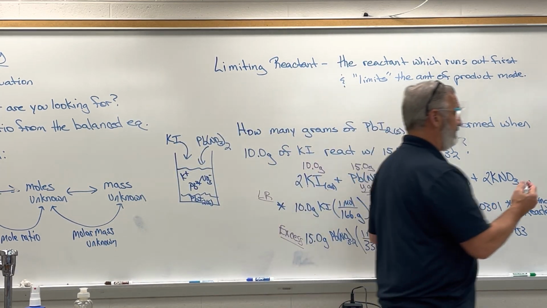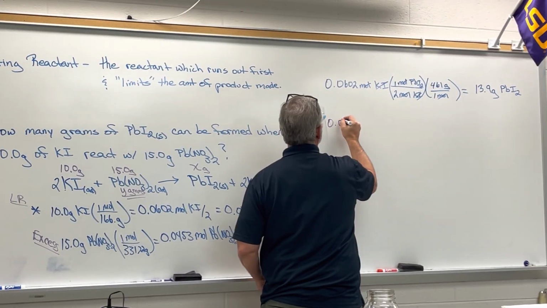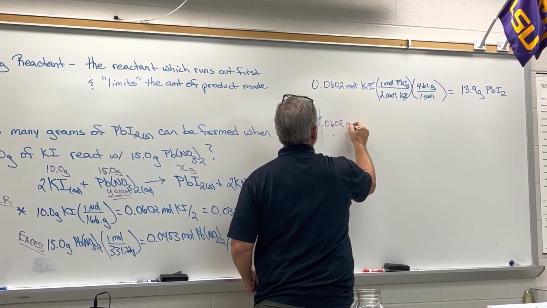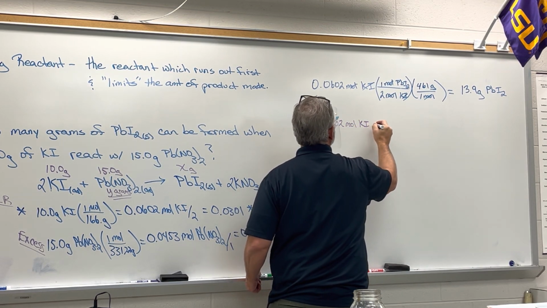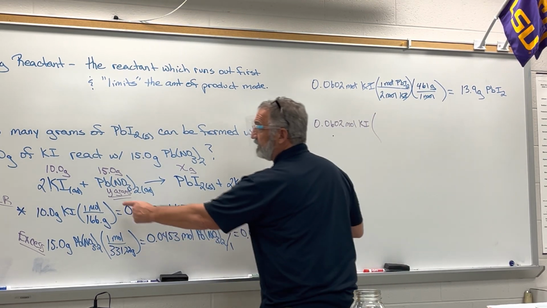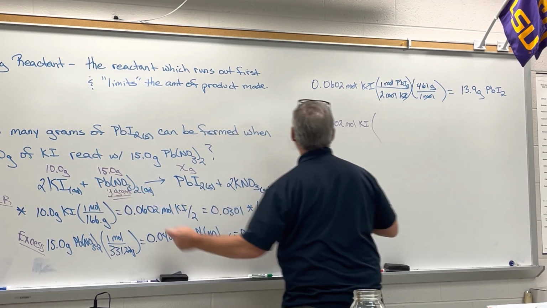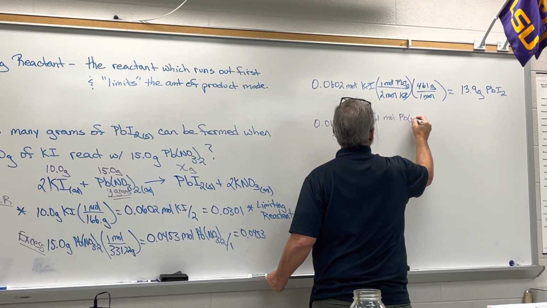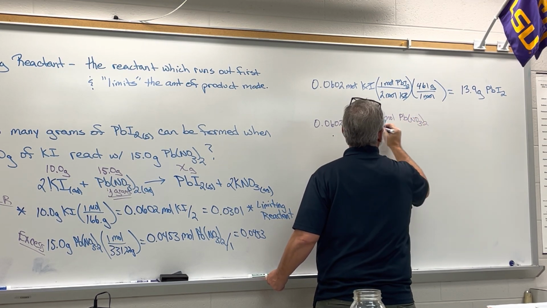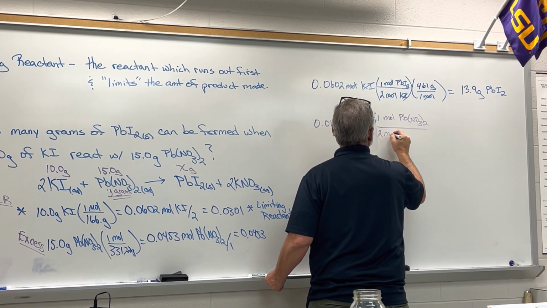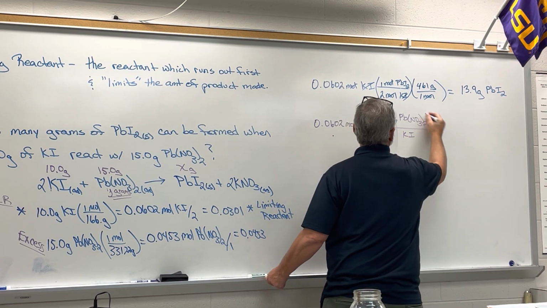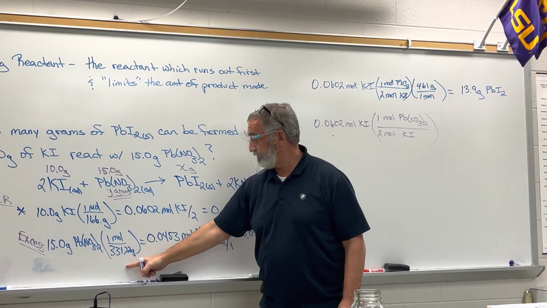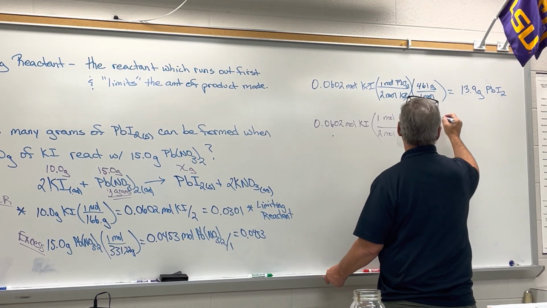So I do the exact same thing, 0.0602 moles. You always use the limiting reactant. Now the mole ratio between these two, again, it's 1 mole Pb(NO3)2 for every 2 moles of KI. Now we've already done the molar mass, 331.22.